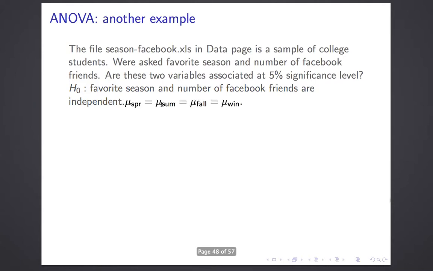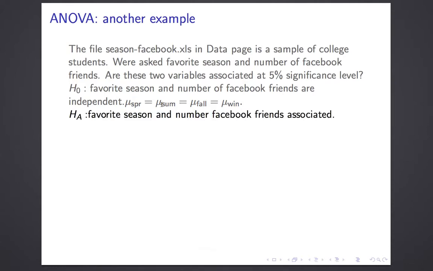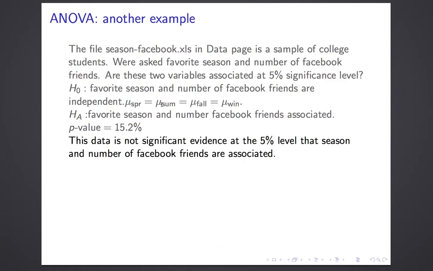They're not associated, which we can write as the 4 means are equal. Our alternate hypothesis is favorite season and number of Facebook friends are associated. And our p-value, 15.2%, is bigger than the significance level of 5%, so this data is not significant evidence at the 5% level that season and number of Facebook friends are associated.